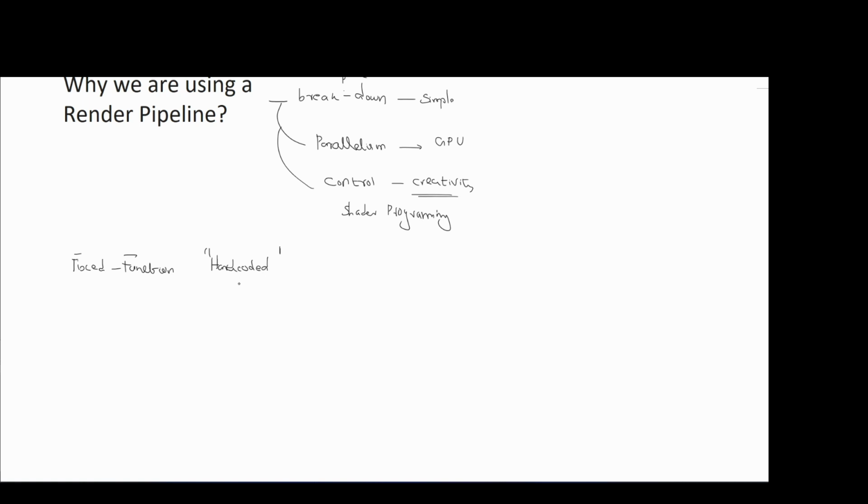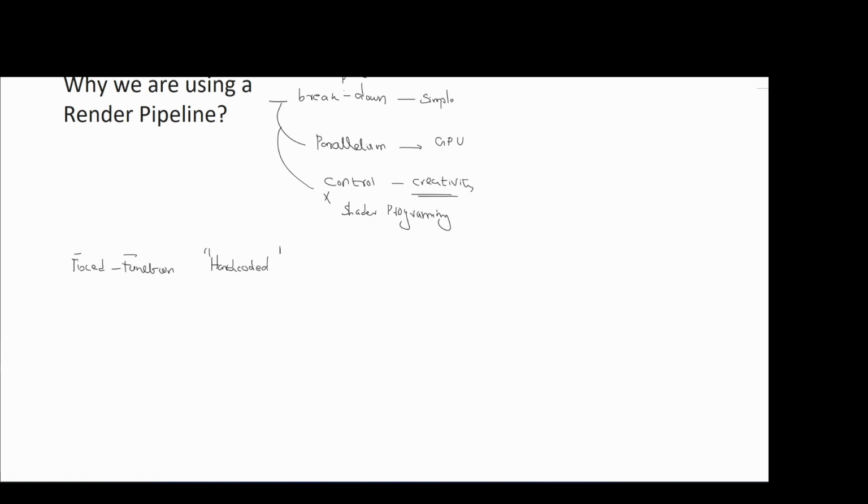So the programmers or artists don't have that much control here, and the capabilities are very limited because it is fixed function, and it has a very limited set of features like multiplication, adding, and that much limited processing capability.